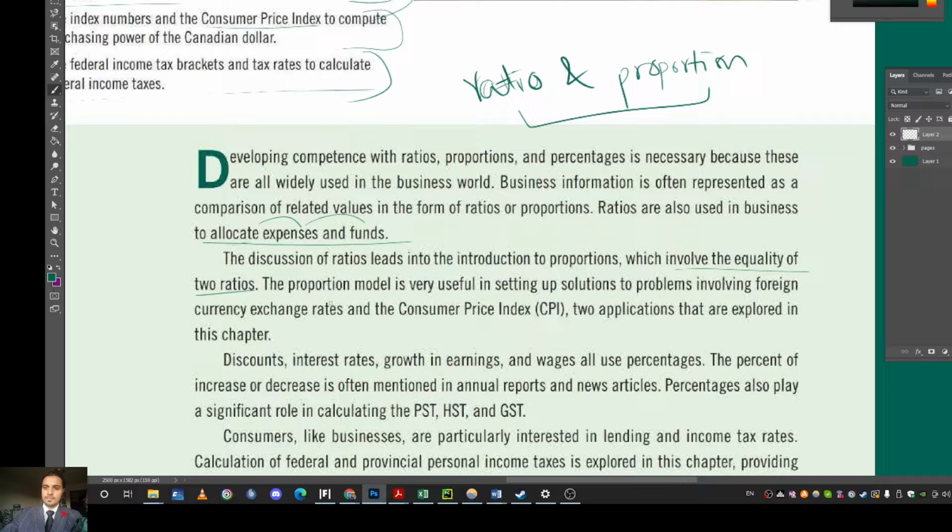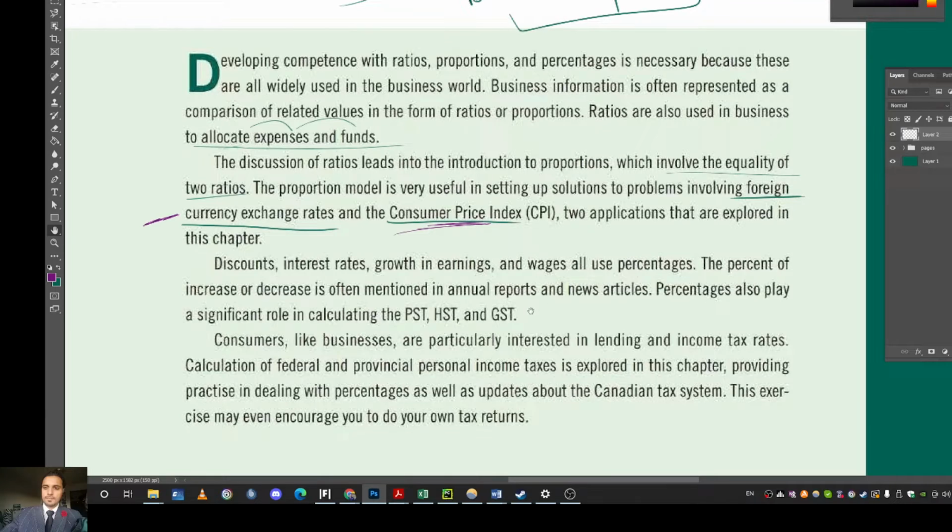It involves the equality of two ratios. We'll see that the proportion model is very useful in setting up solutions to problems involving foreign currency exchange rates and consumer price index. So these are the two use cases for proportions: foreign exchange rates and consumer price index. These are applied and explored in the rest of this chapter.